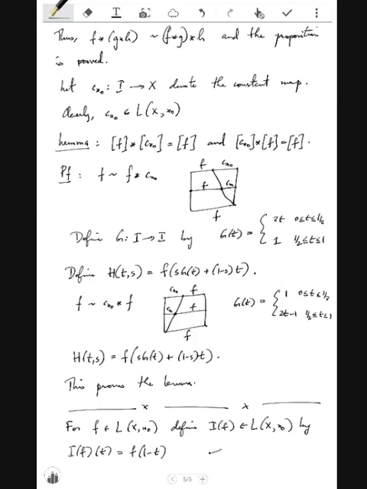So if we have a loop f, then I of f is just traveling the loop in the reverse direction. And we want to show that... so proof.